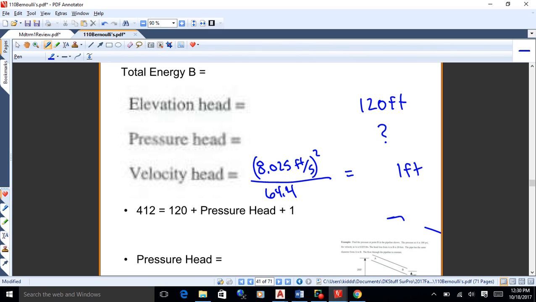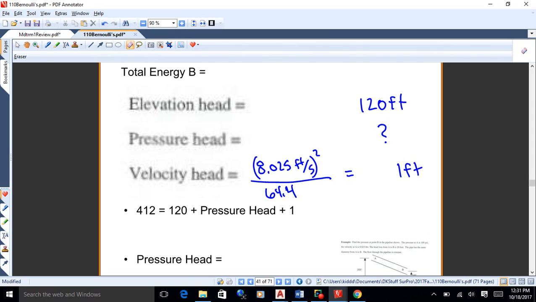That's another reason why velocity head is often ignored. One is it's small compared to the stuff you're doing. And two is, often if you got a single pipe at a single size, the velocity head at one point equals the velocity head at the other, so it just cancels out anyway. So a lot of times in this kind of water system stuff, they just ignore it. It's just not that big of a deal.